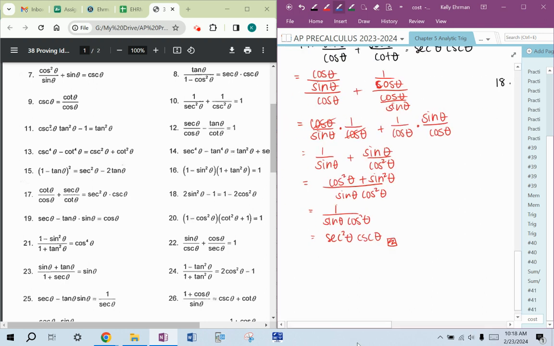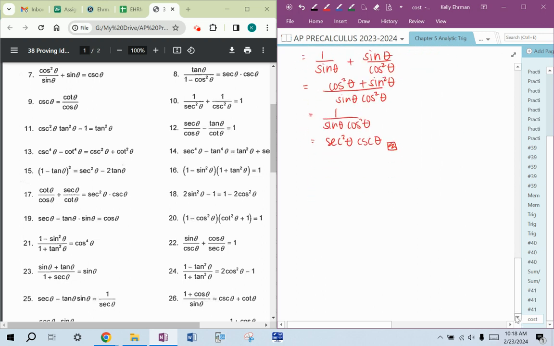All right, last two. Let's see if I can do this before I get cut off by the bell. So 19, secant theta minus tangent theta times sine theta equals cosine theta. So let's start on the left side and rewrite in terms of sine and cosine.